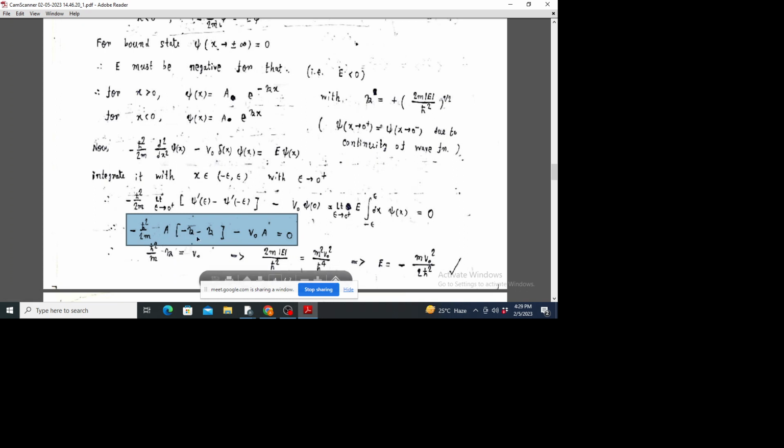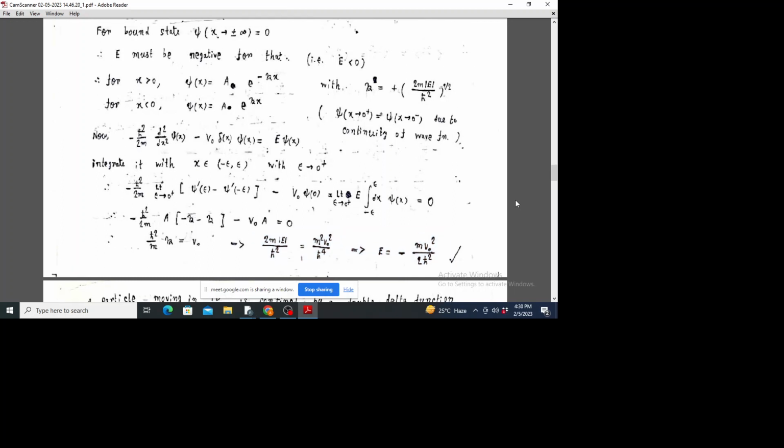So just do that also for the x less than 0 region, and psi at 0 is a, from the continuity. So for psi at 0, just substitute x equal to 0 in both of the cases and you will get a. So we get this relation, and since a should not be 0, otherwise the whole wave function is 0, we obtain this, and then substitute the value of kappa, this one, and we get this.